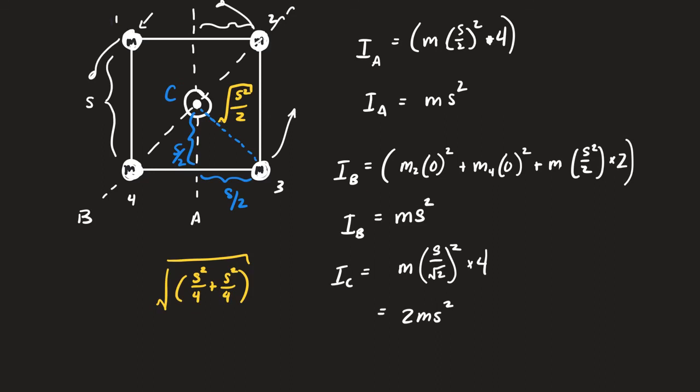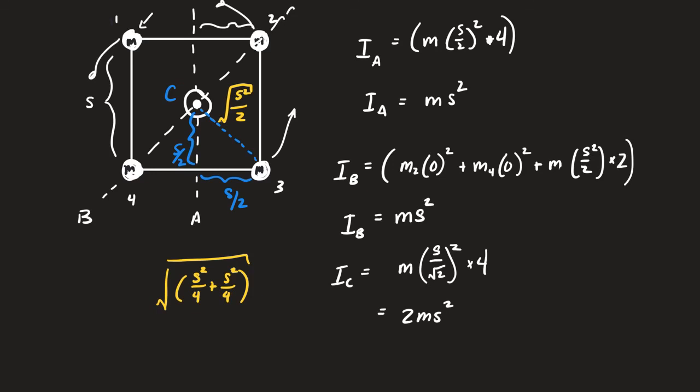So, the first takeaway. This one is twice as big as the other two. It is twice as difficult to rotate this system about that axis than it is the other two axes. I'm not sure that's the hardest way to spin it, but of these three axes, it sure is.